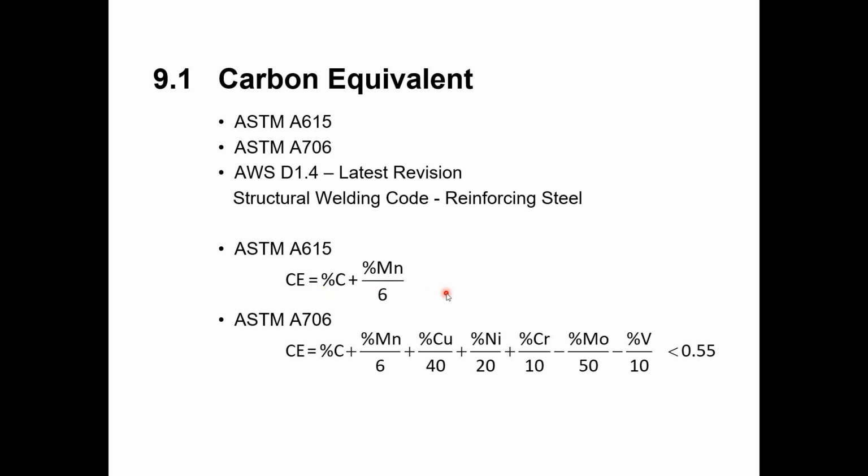The formula is simply the percent carbon plus the percent manganese divided by 6. And that's going to give you a number in decimal format, less than 1, that you can then use to compare to some requirements that are also given in AWS D1.4 that relate to the preheat requirements for that specific base metal before it can be welded.